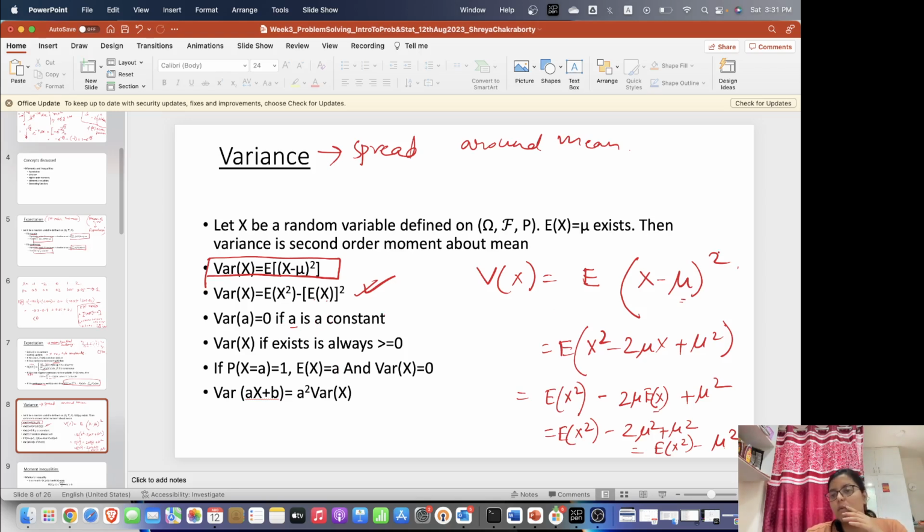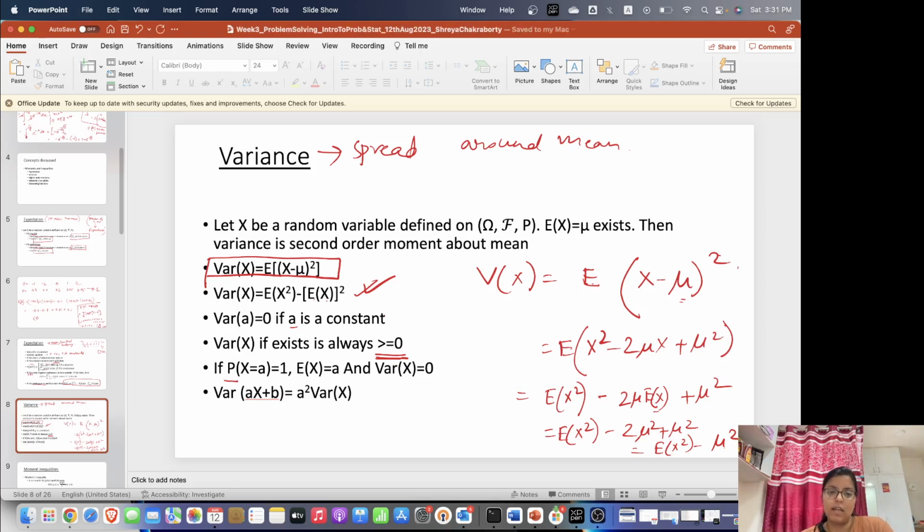And since this is a squared term, it will always be greater than or equal to 0. If your output shows variance less than 0, then there is some problem. You should always be mindful of this. Variance can never be negative. It can be 0, which would imply that it is a constant, but it can never be negative.